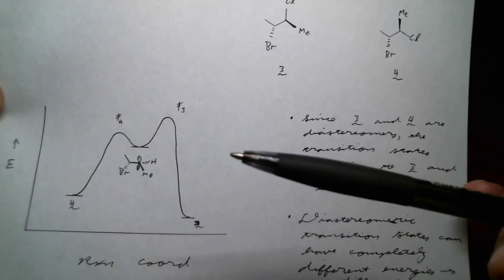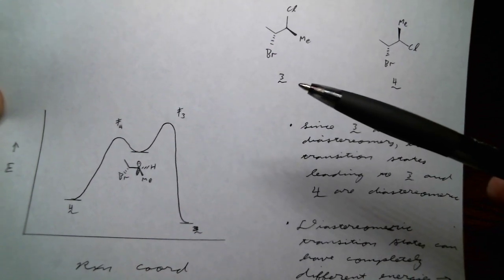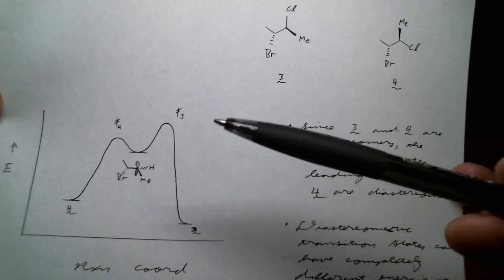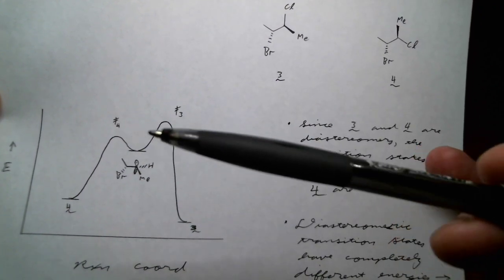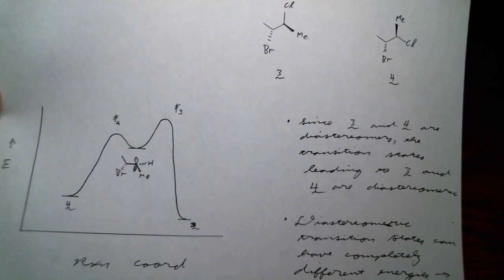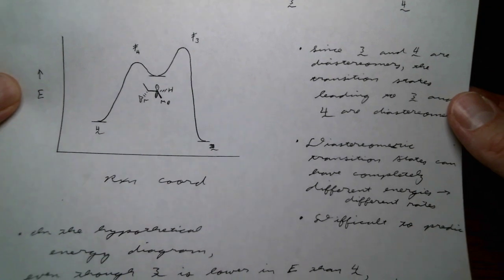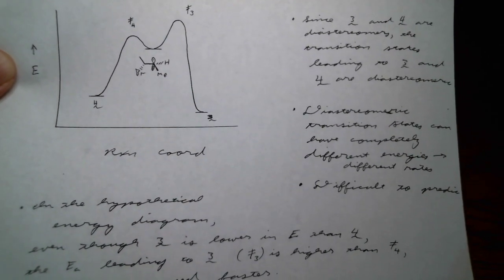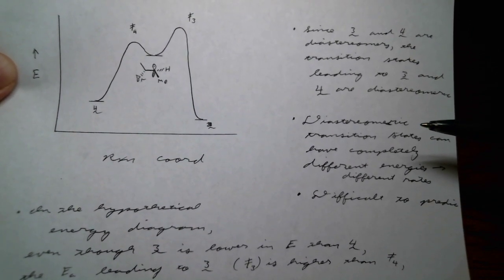And so we might say that the transition state leading to compound 3 is higher than the transition state leading to compound 4. We just don't know. It's all theoretical. I wouldn't expect you to know sitting on your own in a corner. However, there is one experimental case that we do know, and we'll look at that shortly.